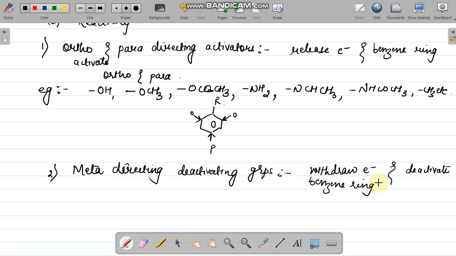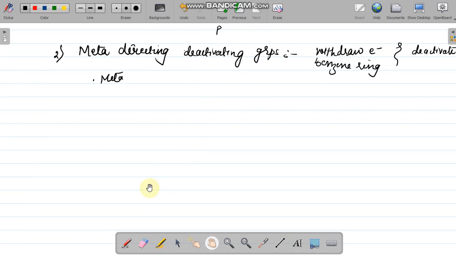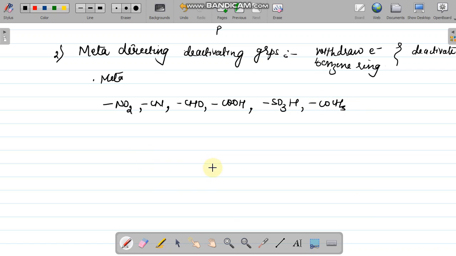These groups direct the incoming group to the meta position. Common examples are the NO2 group, CN group, CHO, COOH, SO3H, COCH3. If we have a benzene ring with an electron withdrawing group over here, then the incoming group goes to the meta position.